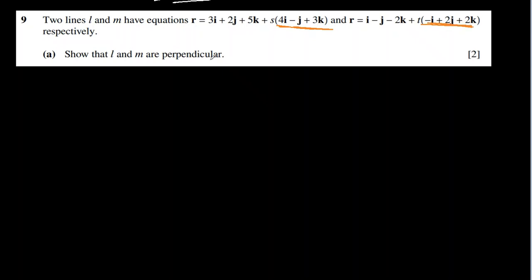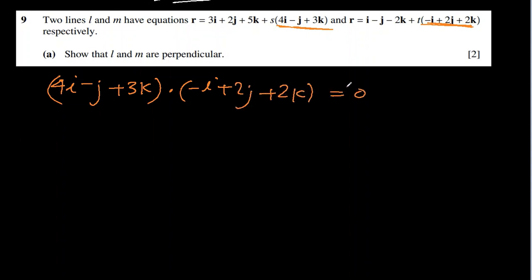So if they are perpendicular, the dot product of these two directions will be 0. So what I mean is this: 4i minus j plus 3k dot minus i plus 2j plus 2k should be equal to 0. And let's see if it is actually 0.